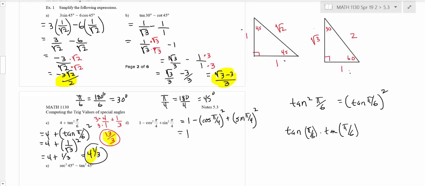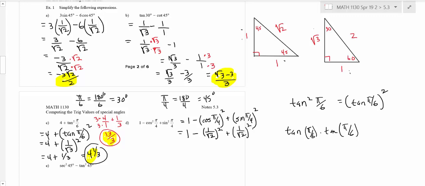Remember the cosine is adjacent over hypotenuse. So that would be 1 over square root of 2, and then of course we would square that. Well, the sine's the same. They're cofunctions, and 45 degrees is a complementary angle of itself. So the sine is opposite over hypotenuse, 1 over root 2 squared.